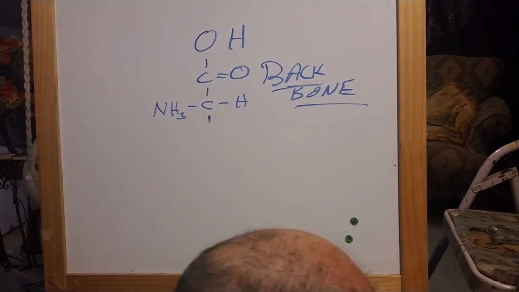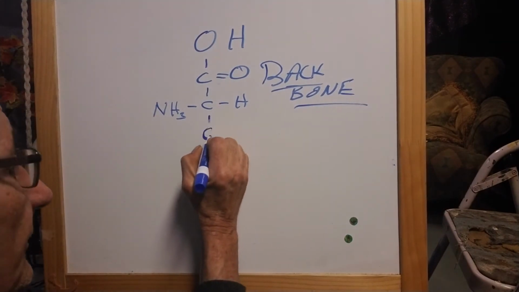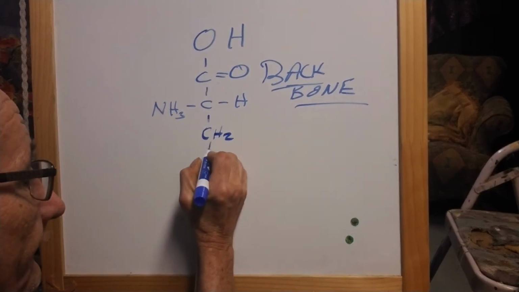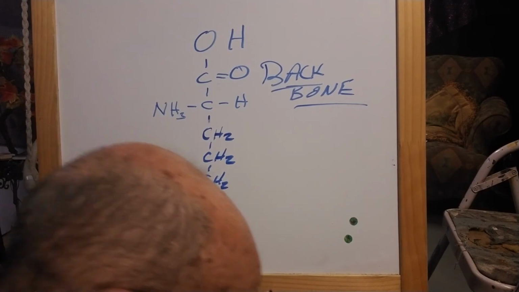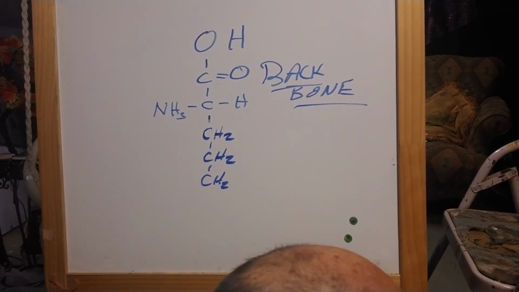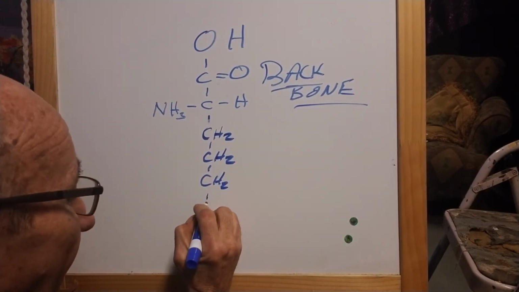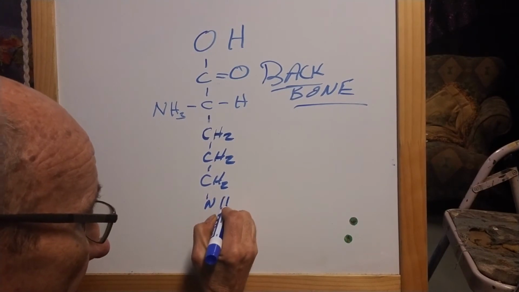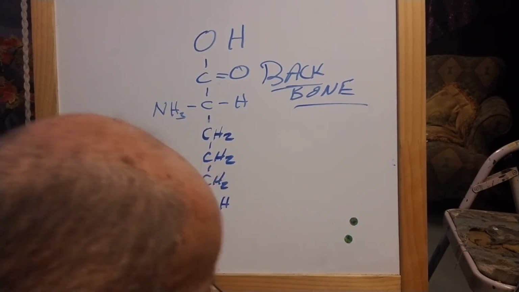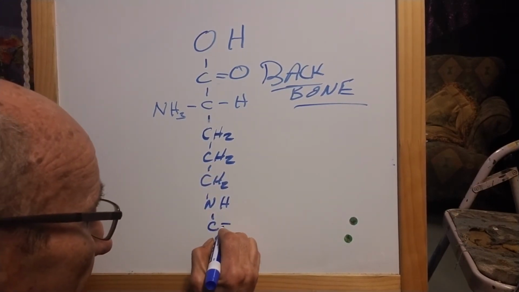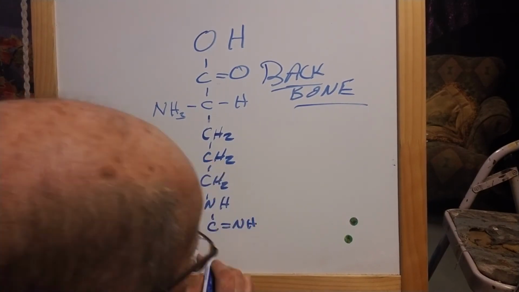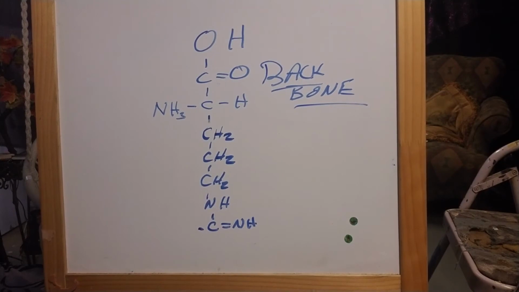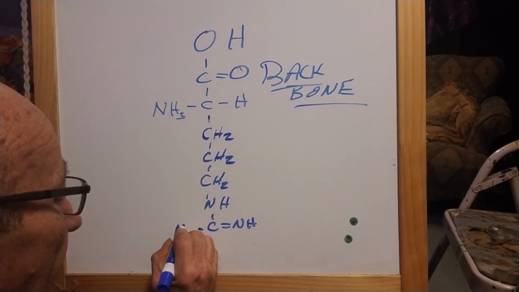This one's a little more complicated. We got 3 CH2s. Then an NH with a carbon double bonded to an NH, and H2.